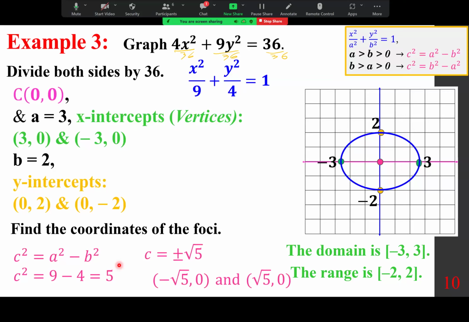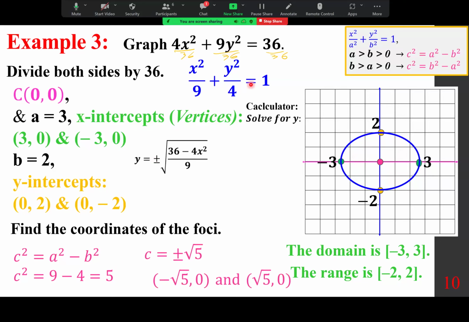Those are the pairs. Roughly about 2.2 and negative 2.2.